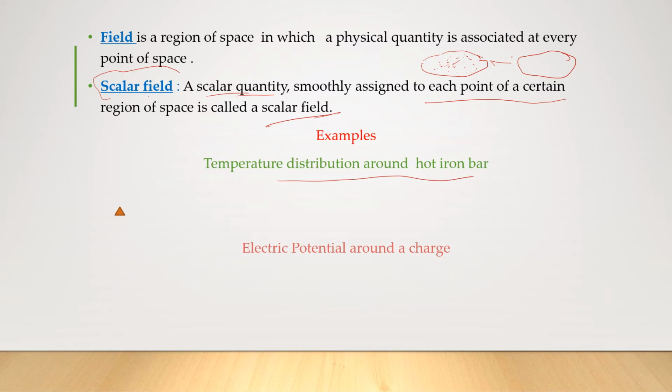This is the hot iron bar, and at every point now air will become hotter. Therefore, at every point we can keep a thermometer and we will know the temperature. Temperature is not only defined at this point, at every point, here also, here also.